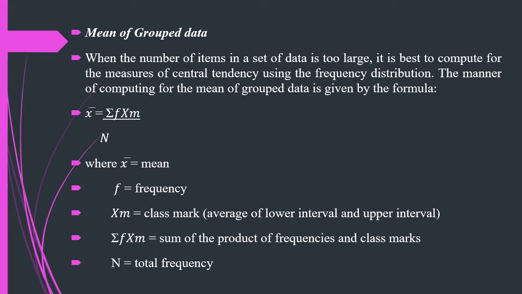The mean of group data is given by the formula: mean equals the summation of fxm over n, where x is the mean, f is the frequency, xm is the class mark, the average of the lower interval and the upper interval, summation of fxm is the sum of the product of frequency and class marks, and n is the total frequency.